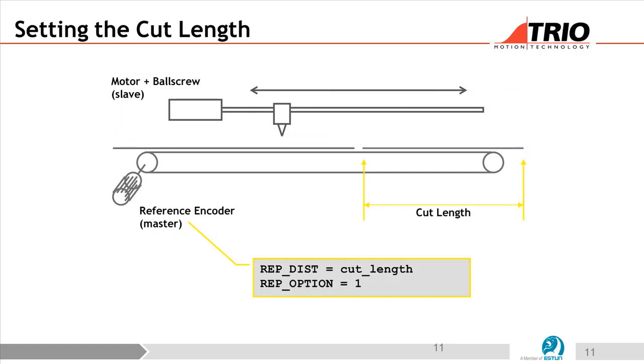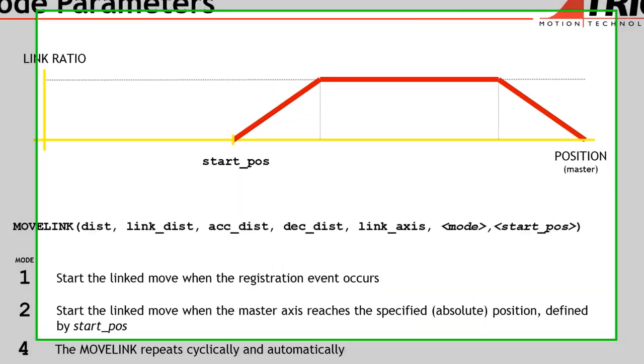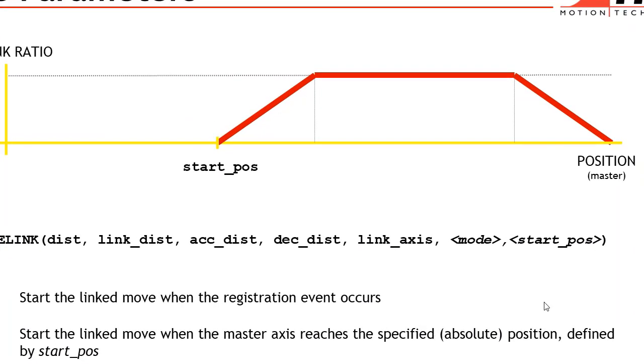Okay, about half an hour ago I talked about rep dist and the ability of that to maybe give you a cycle time or a cycle distance, which is your process distance, if you like, rather than just 0 to 360. In this case we can use the rep dist to set the cut length. The reason we can do that is we can use one of the abilities of the MoveLink, as shown in the previous slide, that we can set this MoveLink to start on a defined position.